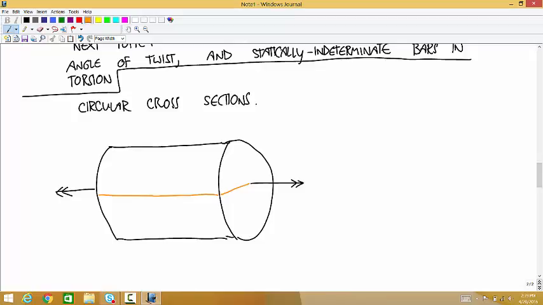After you apply that torque, that line is going to do this.